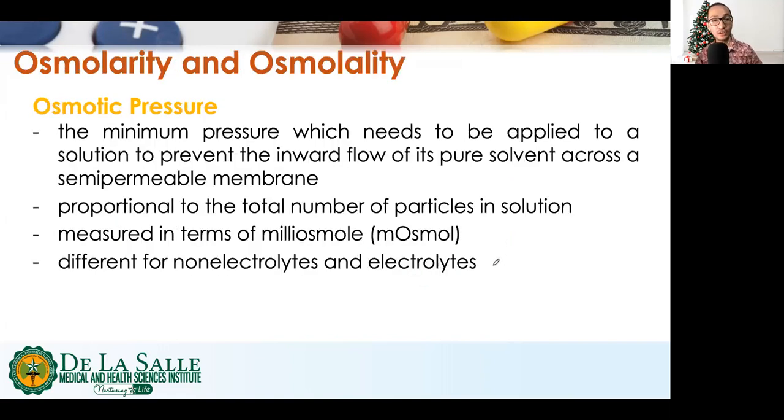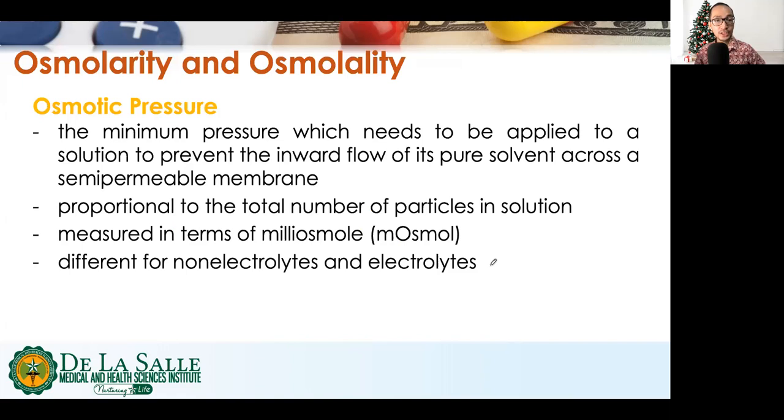Yan. So how about osmotic pressure? Okay? So remember that osmotic pressure is the minimum pressure which needs to be applied to a solution to prevent the inward flow of its pure solvent across a semi-permeable membrane. Just like what we discussed before, osmotic pressure is dependent on the number of particles in the solution. Okay, and not necessarily the type of the solute that we have, but the total number of the particles in the solution.